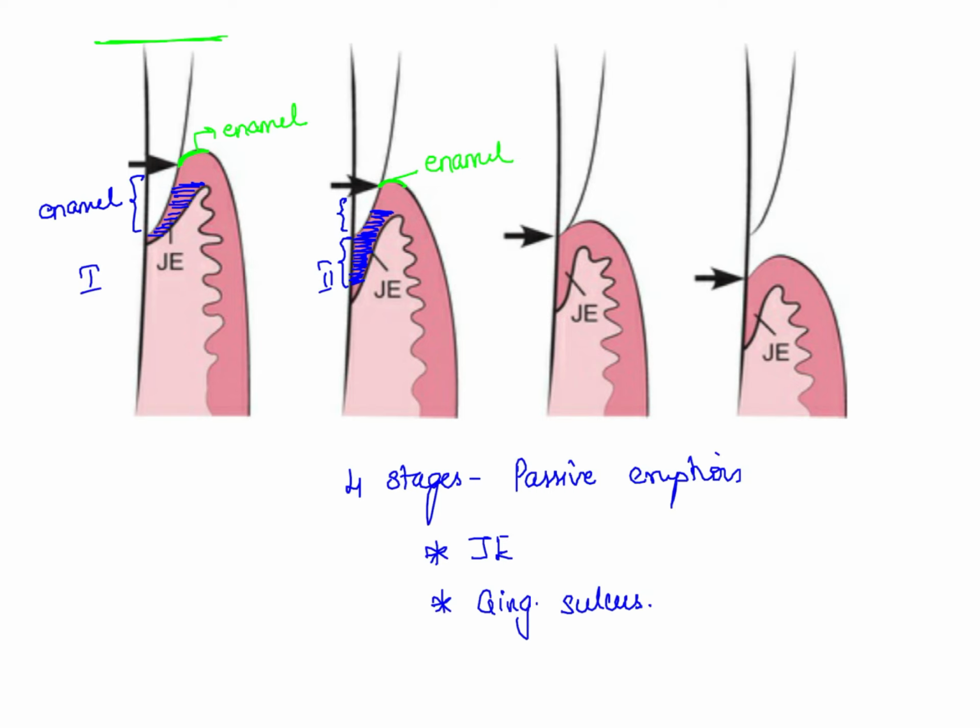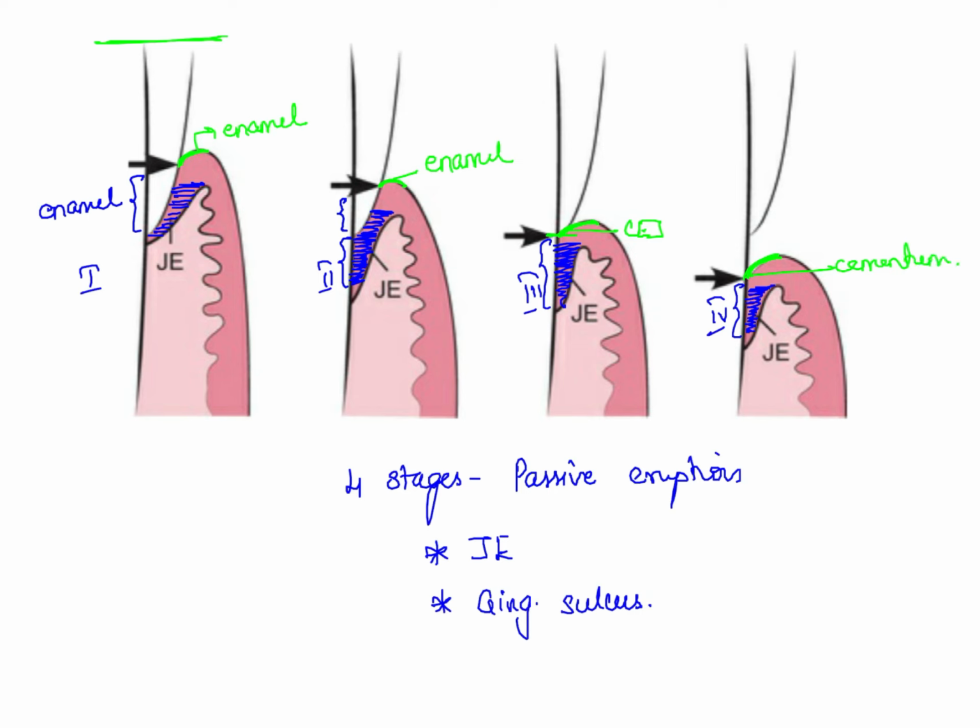And with aging, it proceeds to stage 3, where the junctional epithelium is completely on the cementum and the base of the gingival sulcus is apically shifted to the level of the CEJ. Okay, so this is the level of the CEJ, and the base of the gingival sulcus is now at the level of the CEJ. And then comes stage 4, where the junctional epithelium is on the cementum and the base of the gingival sulcus is also on the cementum.